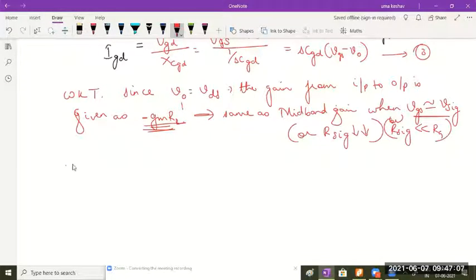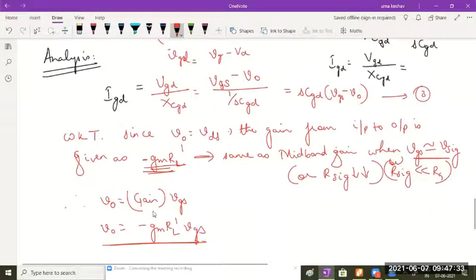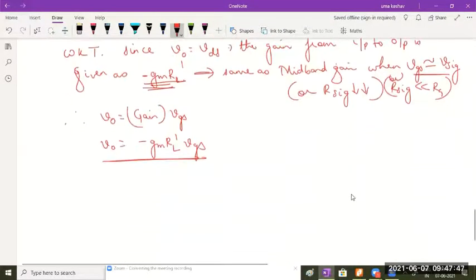Therefore, V0 can be written as the gain into the input voltage. Which input voltage have we taken? VGS. And what is the gain value? GM RL dash. Therefore, the output voltage V0 can be written as the gain of the circuit into its input voltage. Since I am considering only this voltage, not the complete Vsig, I'll just say VGS into gain, and that gain is given as minus GM into RL dash.